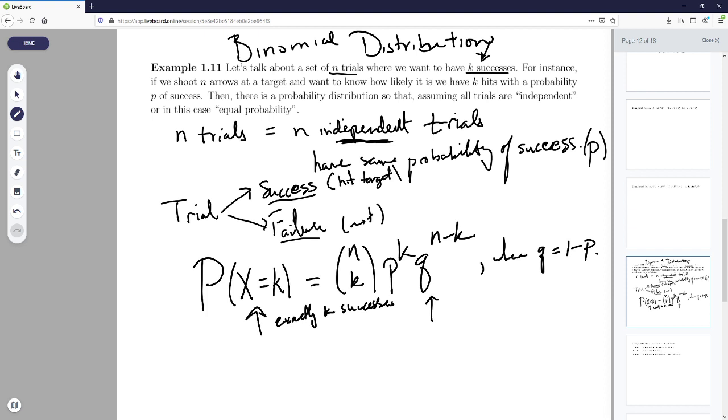You can not even talk about it and just have 1 minus P to the n minus K. Basically, what this is saying is that if the probability of having one success is P, then the probability of having K successes is P times P times P, K times.